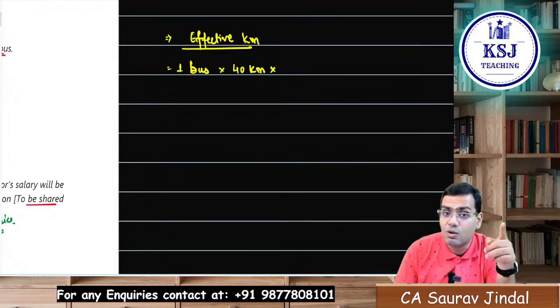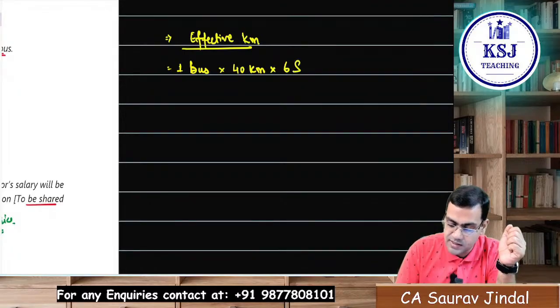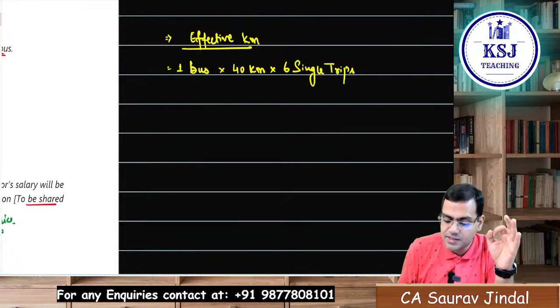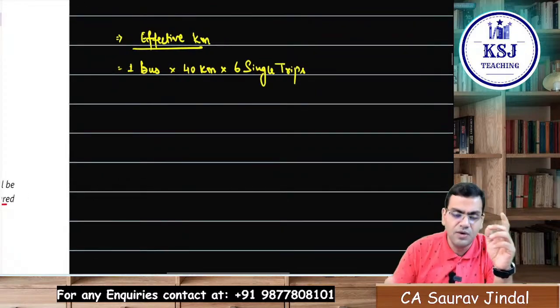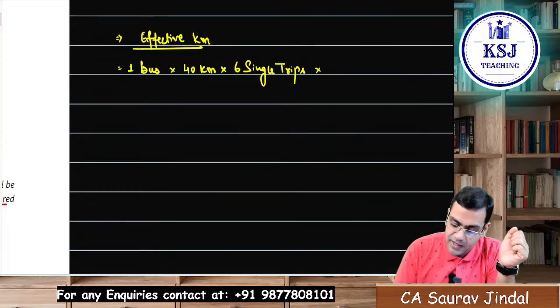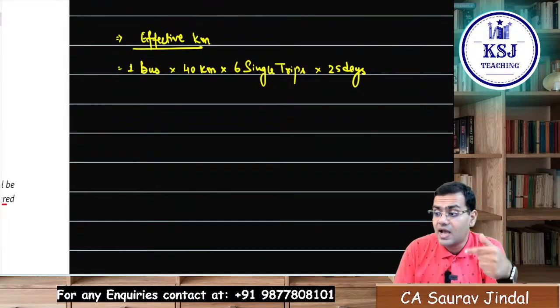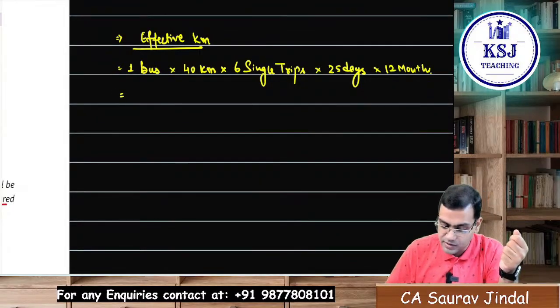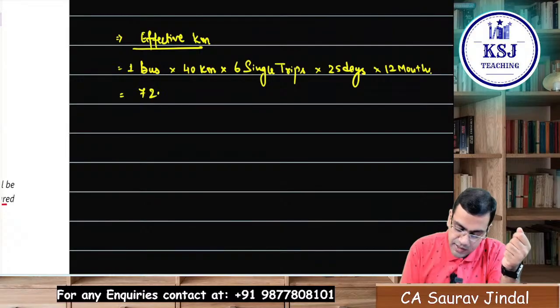That means 3 round trips, or we can say 6 single trips, right? 6 single trips that this bus will make in one day, multiplied by 25 days in a month. If you want to calculate annually, multiply by 12 months, so that will give you the annual effective kilometers. That will be 72,000 kilometers.